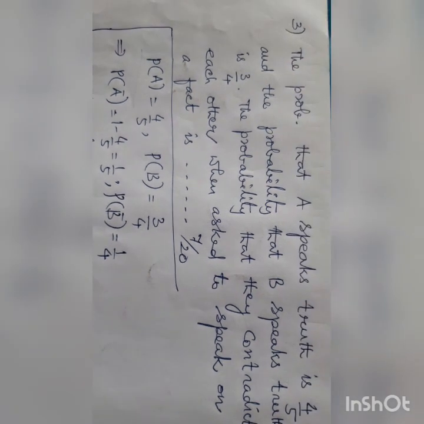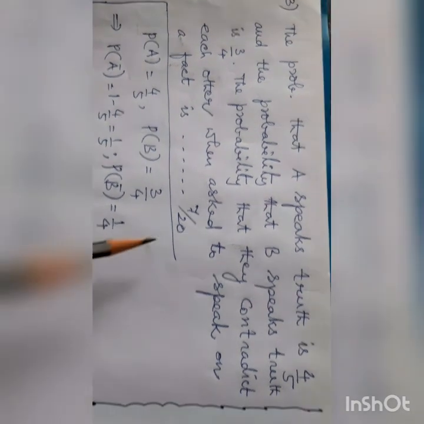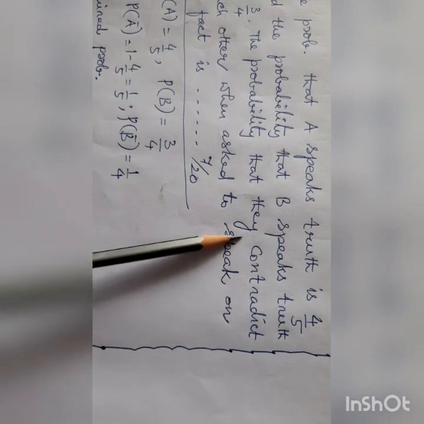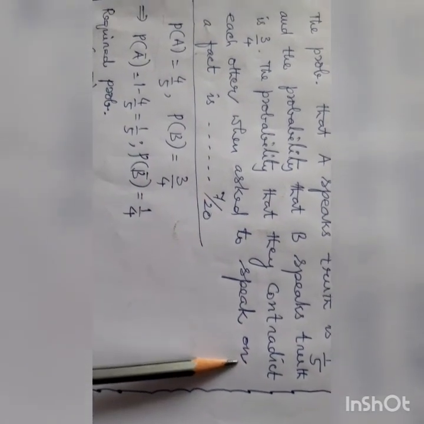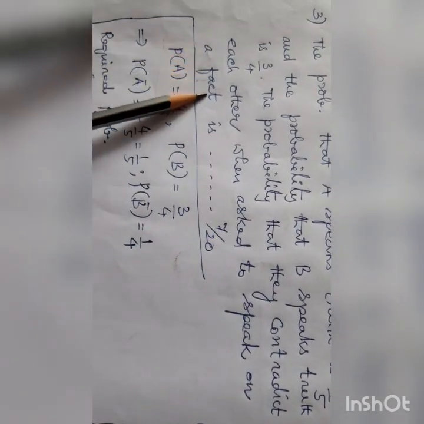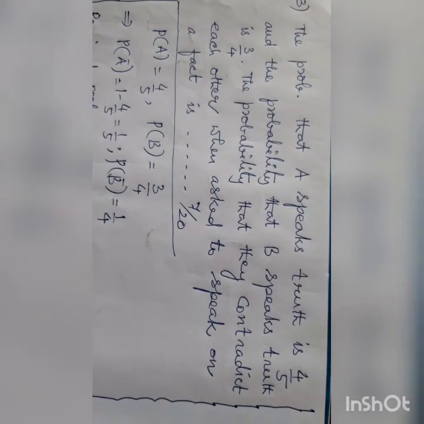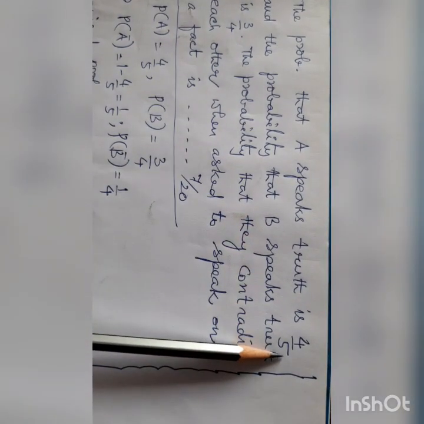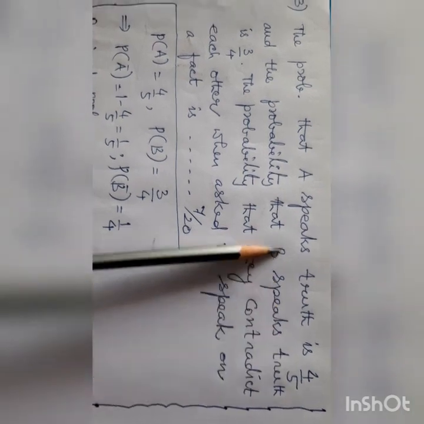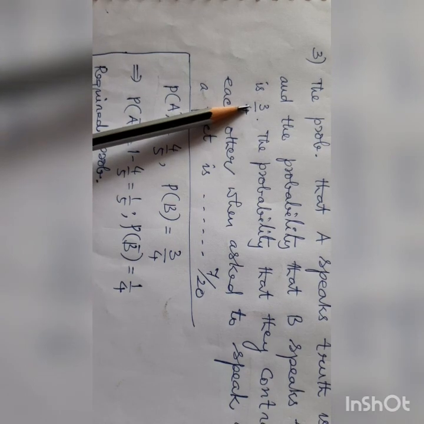Now the question: the probability that they contradict each other when asked to speak on a fact. The probability that A speaks truth is 4 by 5, lie is 1 by 5. The probability that B speaks truth is 3 by 4, lie is 1 by 4.